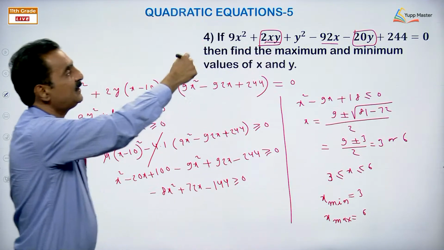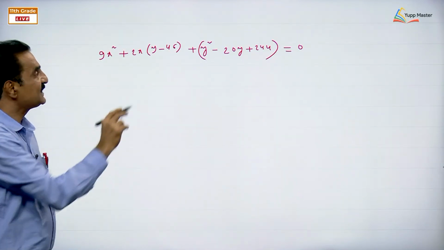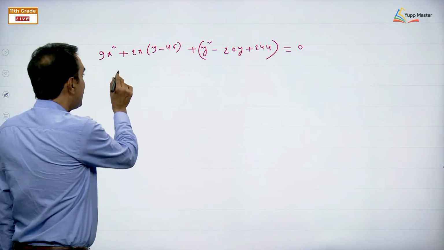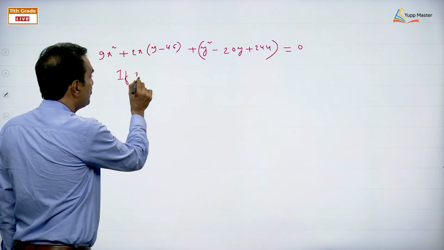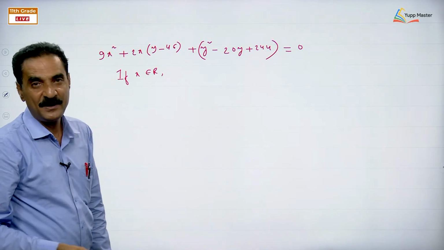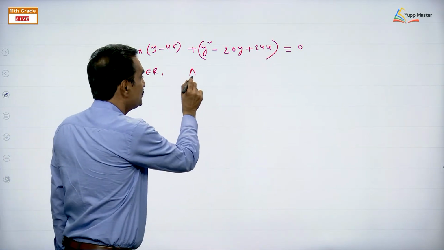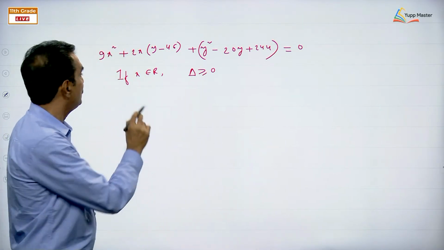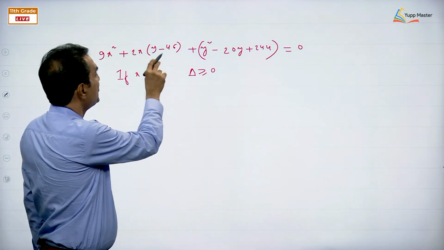The same equation is expressed as a quadratic equation in x. If x is real, what is the condition? Discriminant should be greater than or equal to 0. What is the discriminant? B square means coefficient of x whole square.